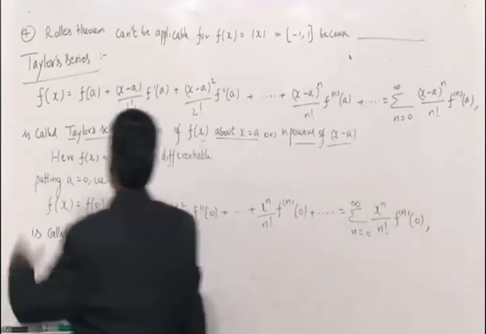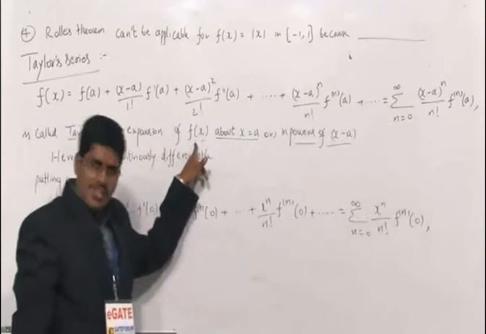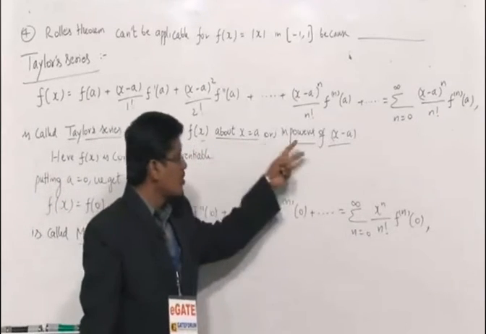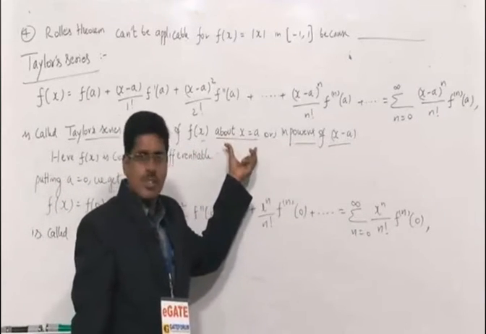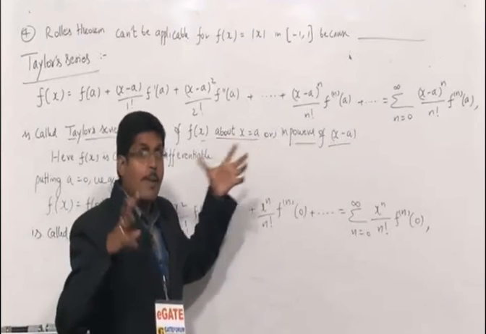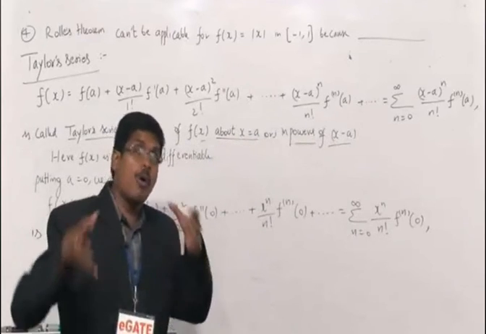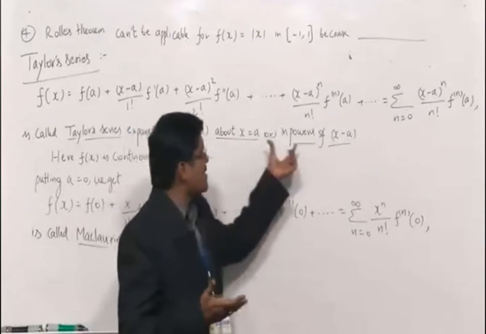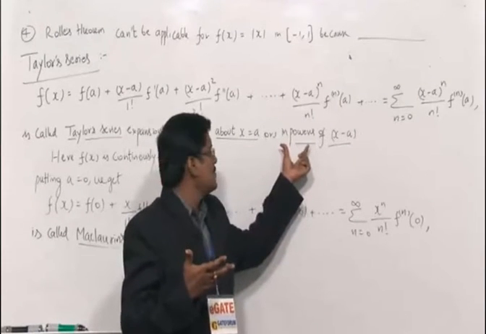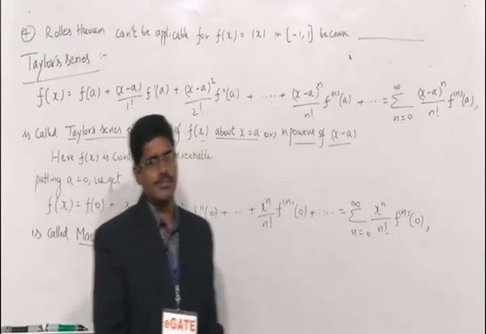Next is the Taylor series expansion of the given function f(x) in two types. About x is equal to a, that is given in terms of x minus a. The Taylor series about x is equal to a is also said as in powers of x minus a.